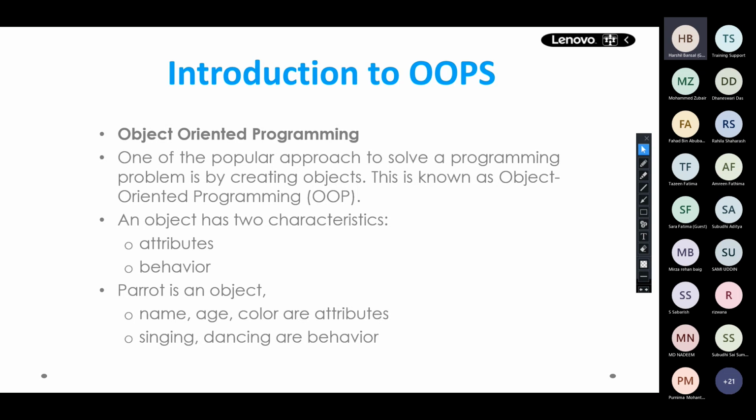Now, in real life, we consider everything as an object. Laptop is an object, mouse is an object, your table, fan, light, chair, maybe your phone, pen, paper, whatever is there with you, it is basically an object.